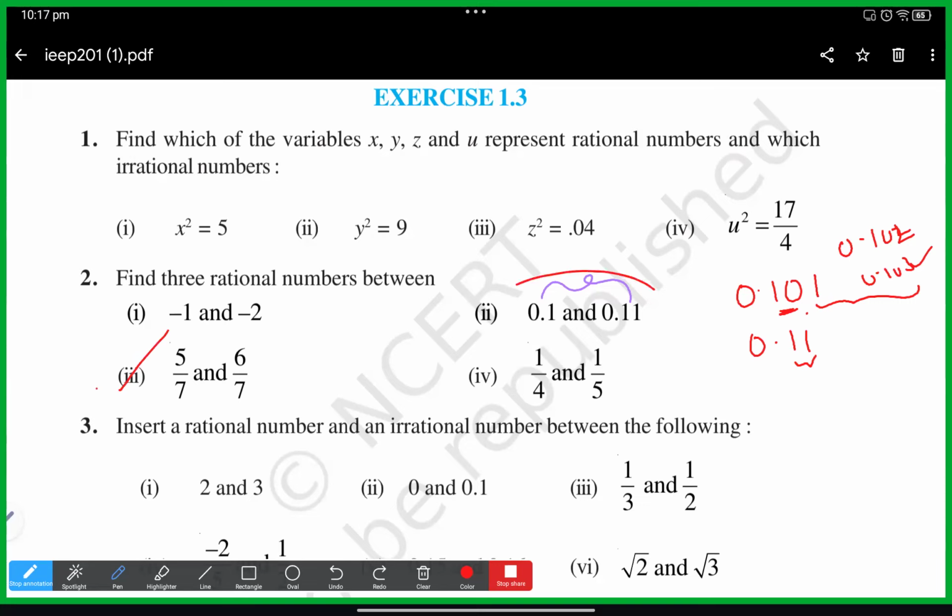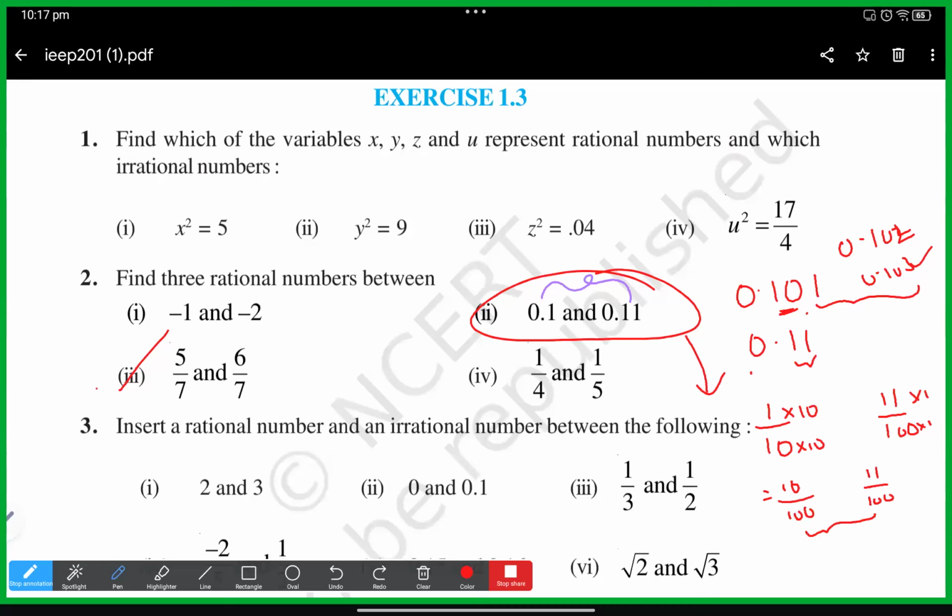Then suppose we are confused and didn't get it, we will write it in fraction form. 0.1 is 1 by 10, 0.11 is 11 by 100. Multiply by 10 on the first, and 1 on the second, so 10 by 100 and 11 by 100.